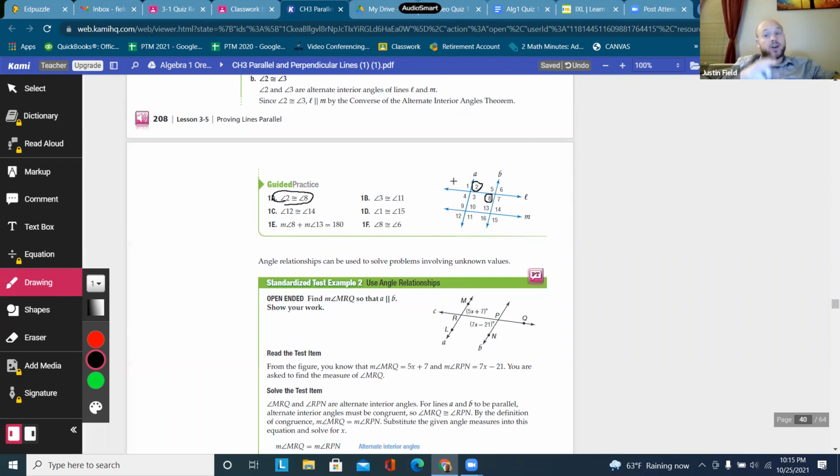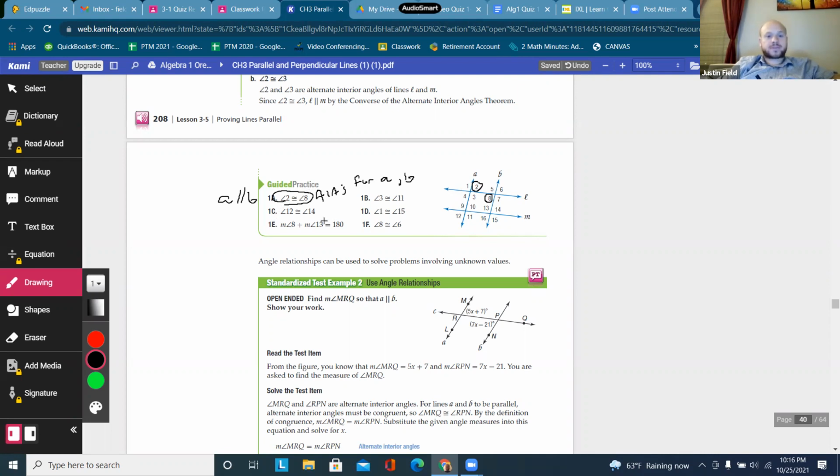Well, I know, and I hope you know, that those two angles are AIAs, alternate interior angles, between A and B. You see that? So that means that A is parallel to B if angles 2 and 8 are congruent by the AIA converse.